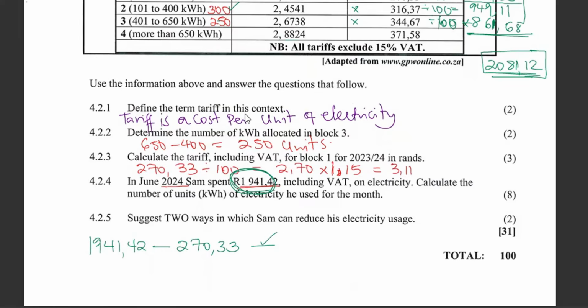So you know this is in block number 1. And block number 1 only needs what? 100 units. Keep it aside. Whatever remains is pushed in block number 2. So when you subtract that, remain with 1,000.